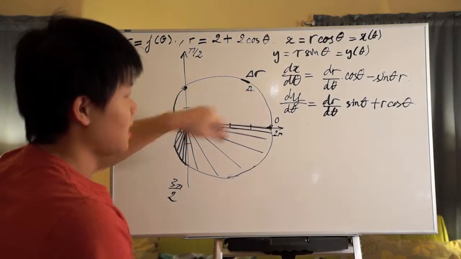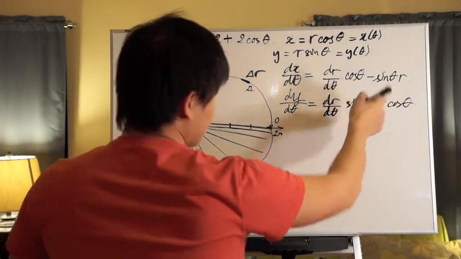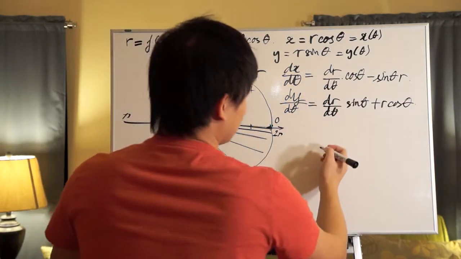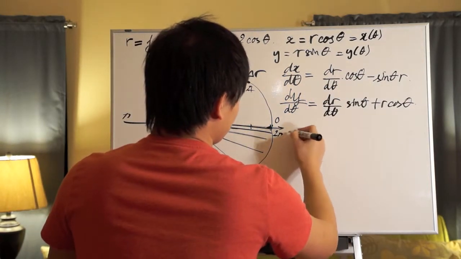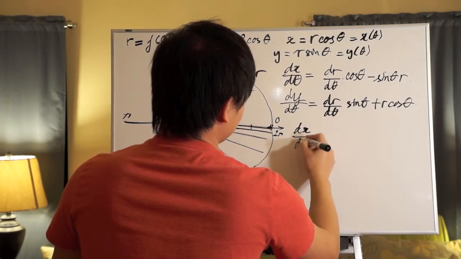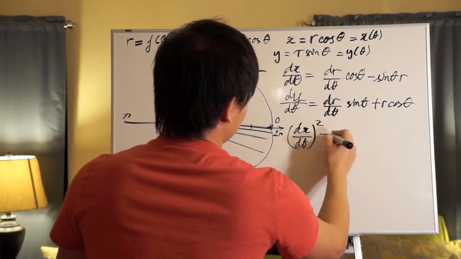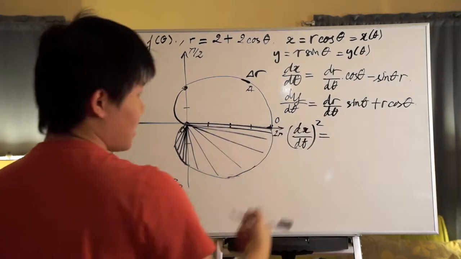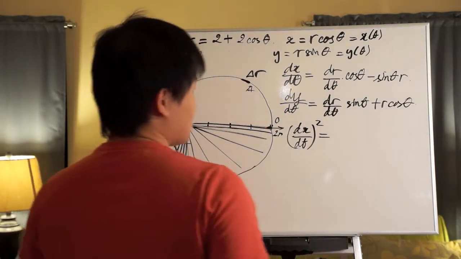So when we square this, we have dx over d theta squared, not the second derivative, but the square of that, just multiplying it by itself.